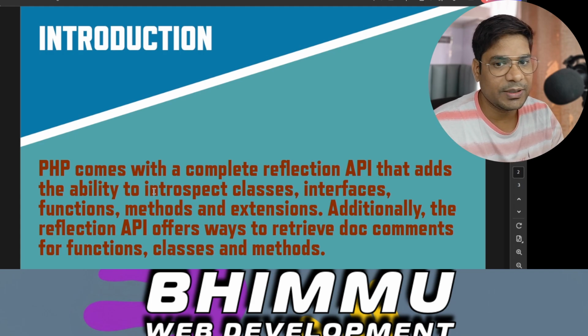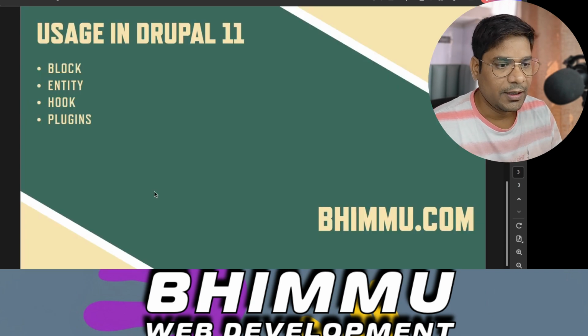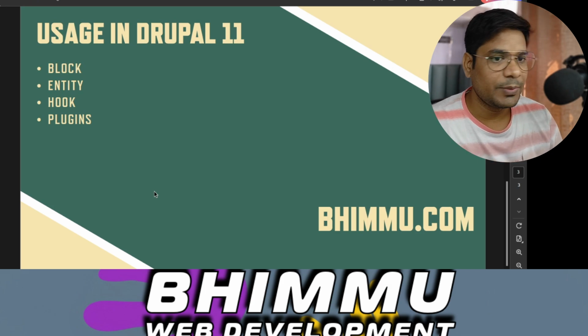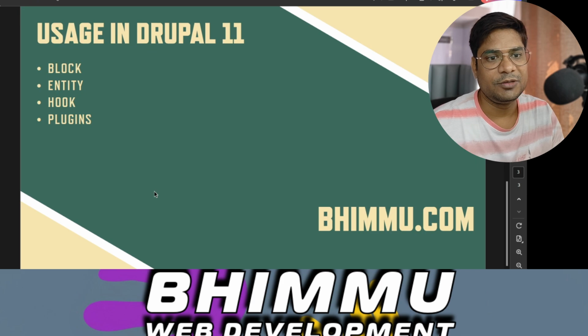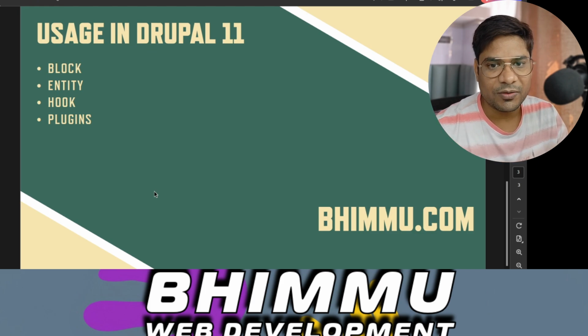That kind of information you can extract using the reflection API. And if we talk about usage in Drupal 11, it is mainly block, entity, hook and plugin. Definitely there will be more, and you can also add these kinds of attributes in your custom controller or any custom class, but these are examples from the code.